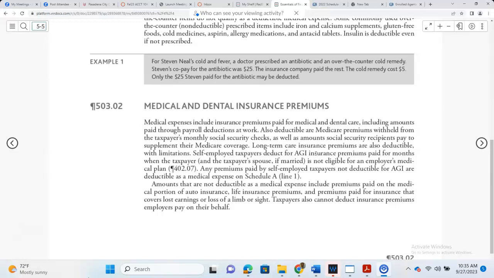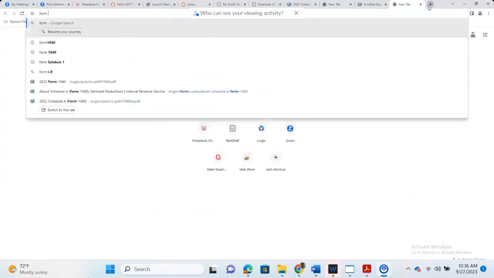Self-employed taxpayers deduct for AGI the insurance premiums paid for months when the taxpayer and the taxpayer's spouse, if married, are not eligible for an employer medical plan. So self-employed taxpayers don't put medical expenses in itemized deductions. They go in Form 1040.